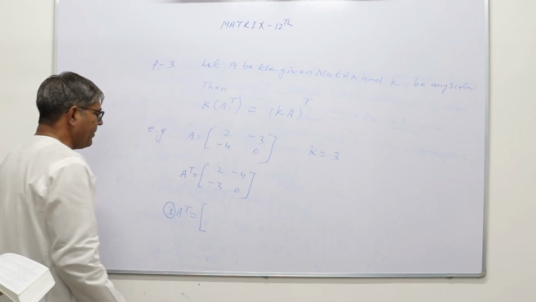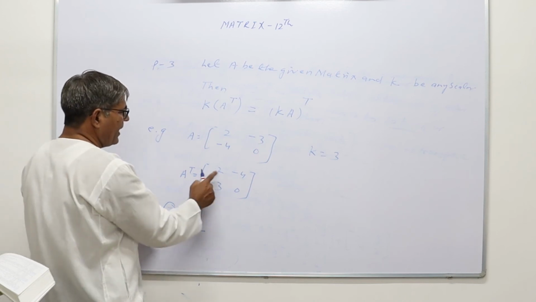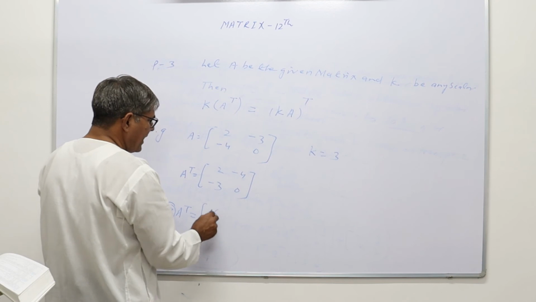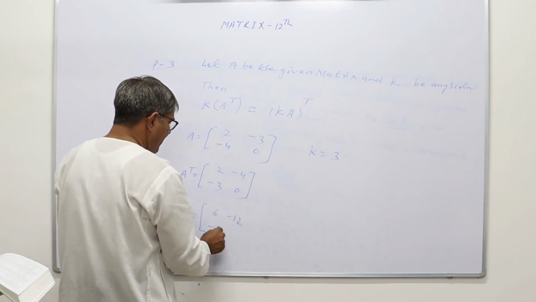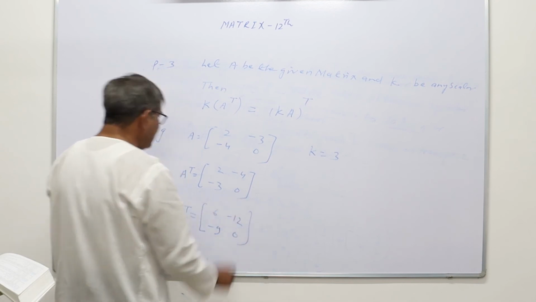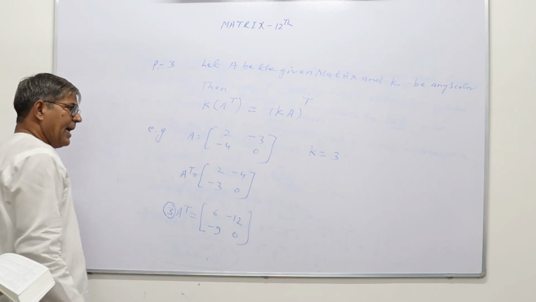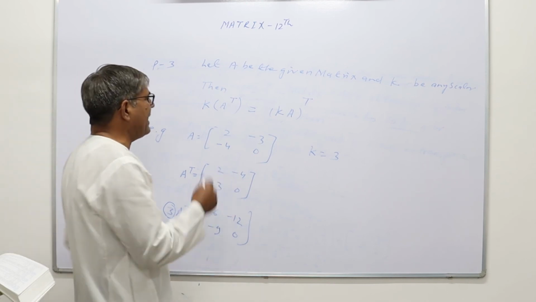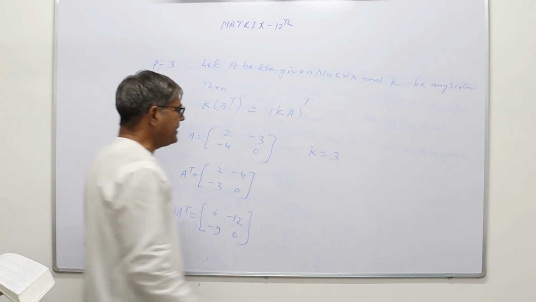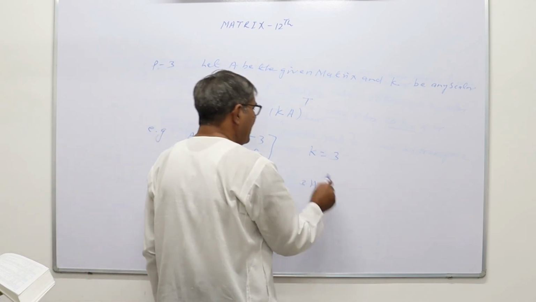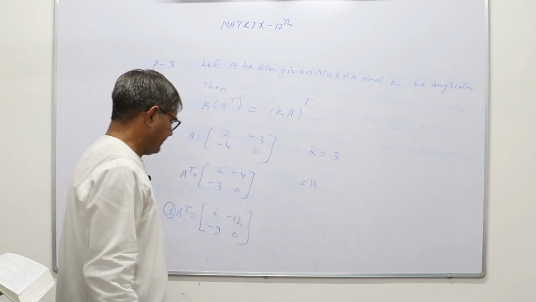So 3A transpose will be equal to 3 into 2 is 6, -12... -9 and 0. This is 3A transpose.